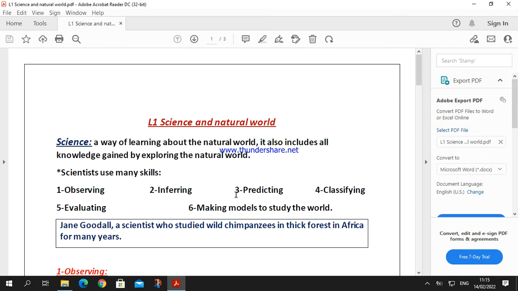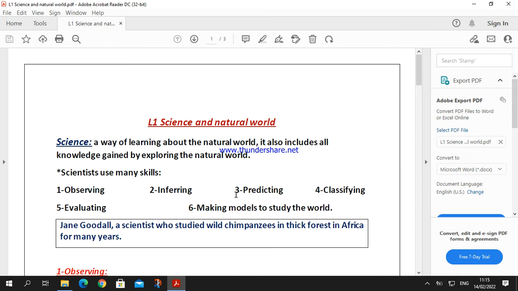When the scientist makes an experiment by making the procedure of the experiment, after the experiment the scientist uses his senses to observe the result, and after observation the scientist builds up his conclusion about the experiment.